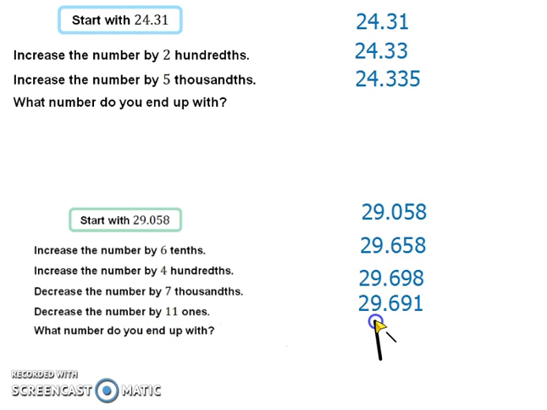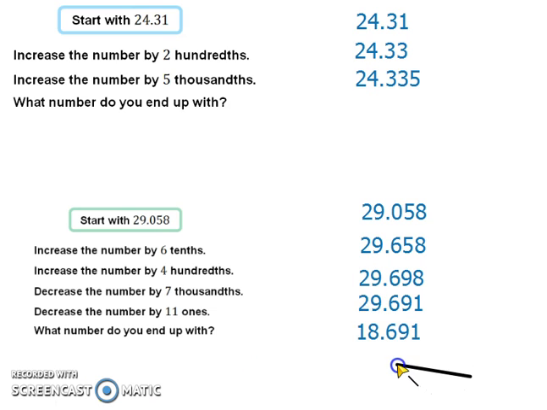Okay, now our ones column, or units column, is here. So it really becomes 29 take away 11, because we can't take 11 from our 9 in our ones column. So it becomes 29 take away 11, which will become 18.